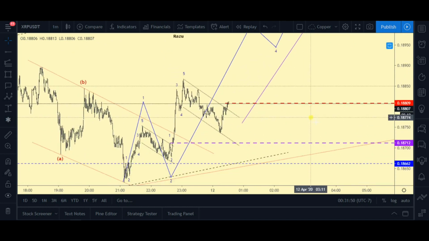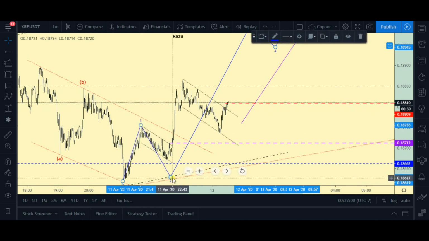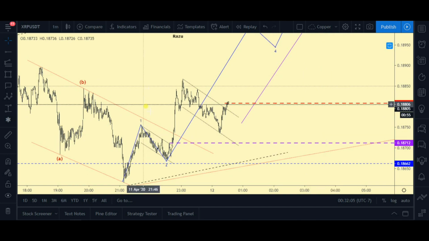Now talking about trading, what we are seeing here is this is the wave 2, and we have the first wave, second wave.